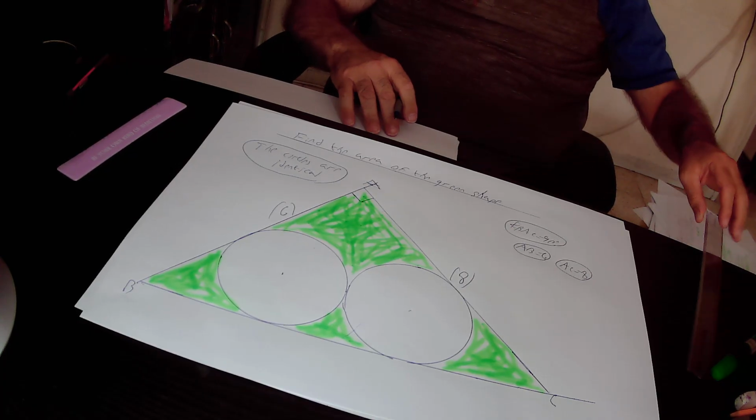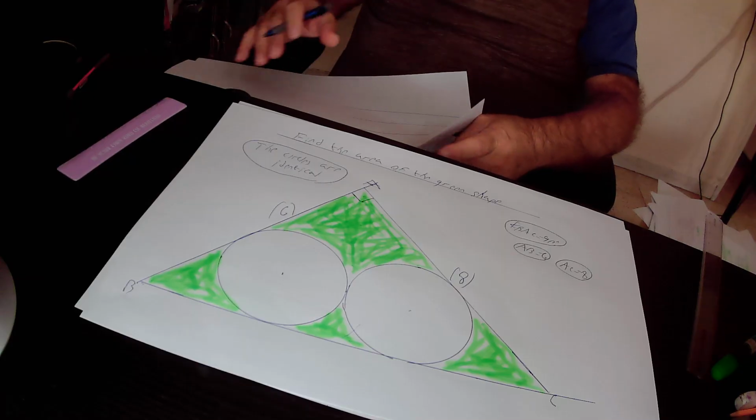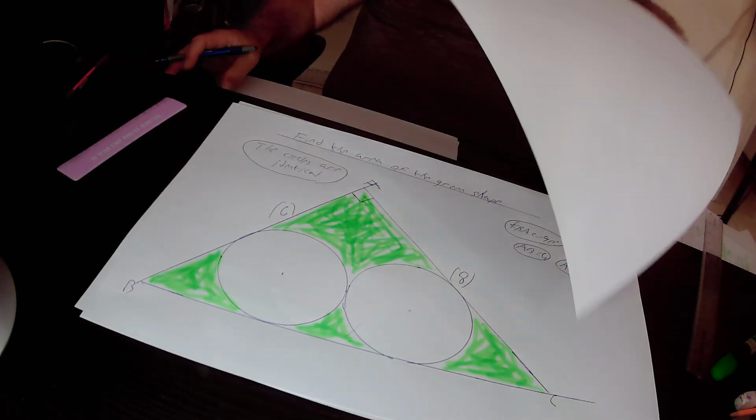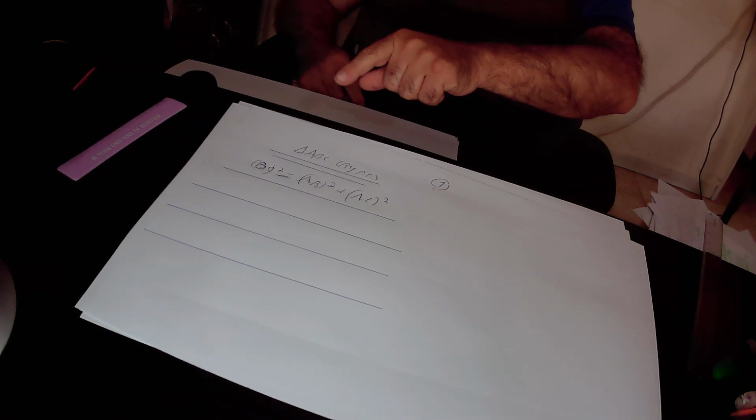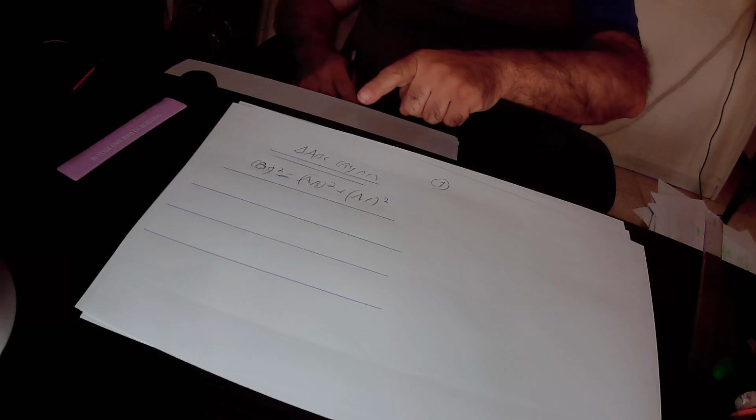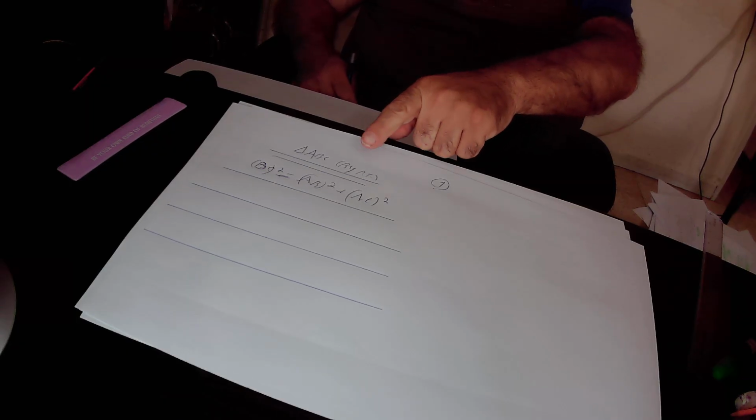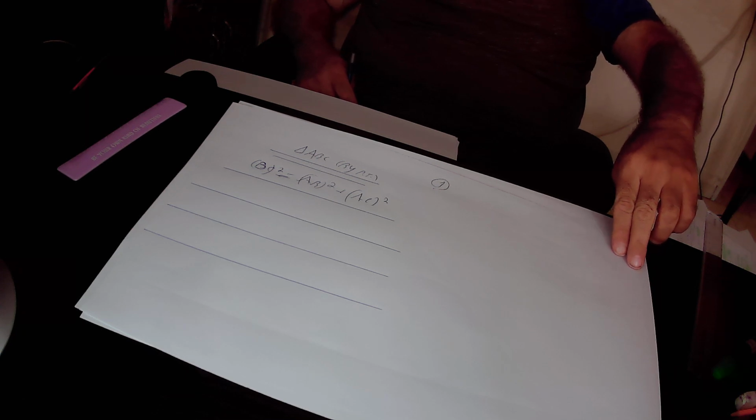And again, in the right triangle ABC, according to the Pythagoras theorem, BC squared, that is the square of the hypotenuse, equals AB squared plus AC squared.